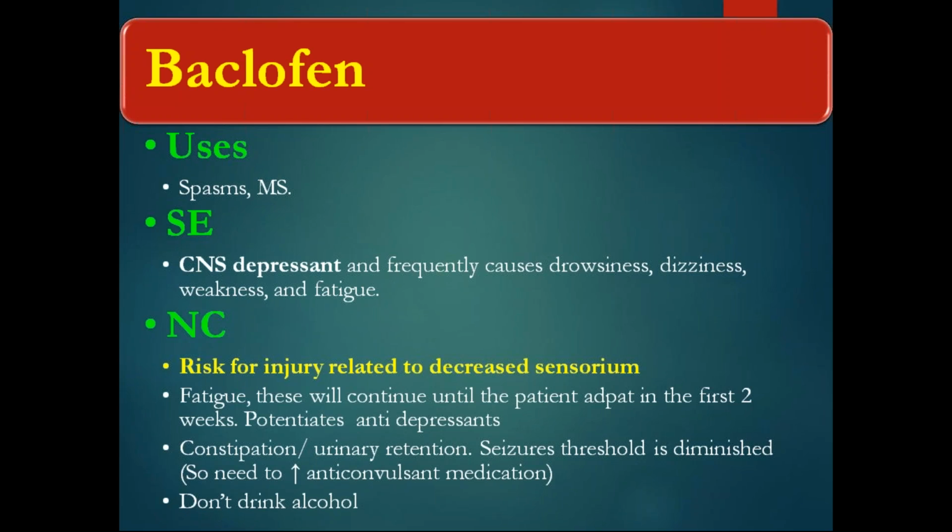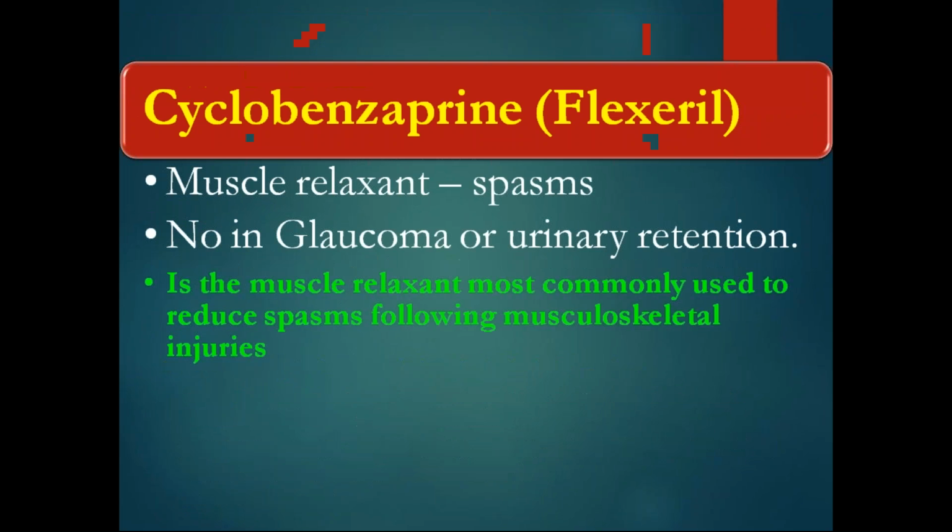So the sensitivity of things is going to decrease. And that is Baclofen. This is the cyclobenzaprine. Cyclobenzaprine is the most common muscle relaxant used for spasms following muscular injuries. So cyclobenzaprine.